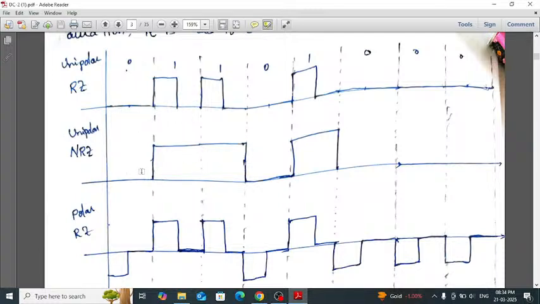For non-return to 0: 0, then 1 means the full symbol duration, here also 1 means full, then 0, 1, 0, 0, 0. This is the non-return to 0 type.